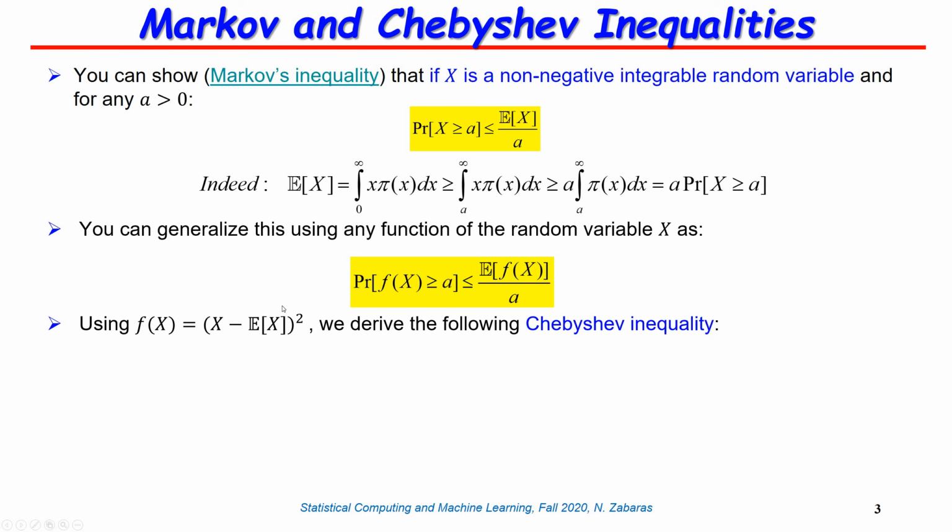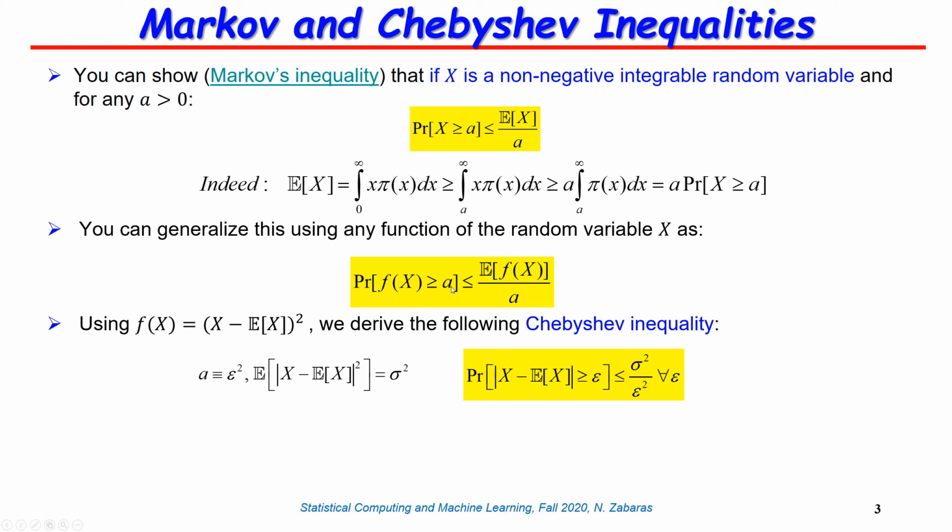So let me use f of x being the square of x minus the expectation of x, and substitute this f of x inside my Markov inequality in the middle of the slide. So we're going to get the following.